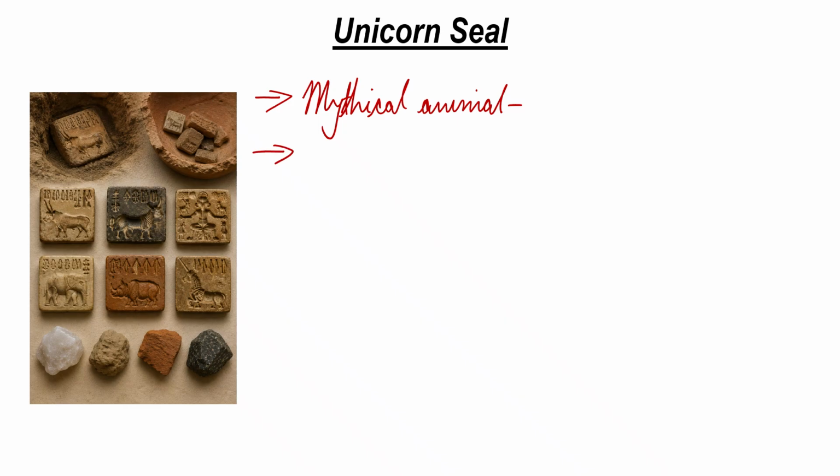So the unicorn seal is the picture of a mythical animal, and it is the most famous seal in Indus Valley Civilization or Harappan Civilization, because it shows the imagination or creative abilities of the Harappan people.